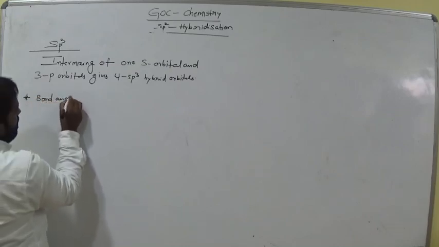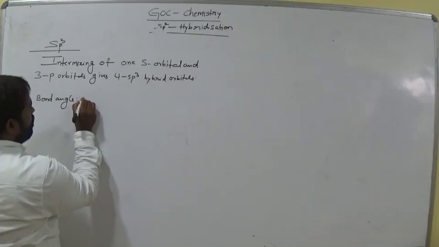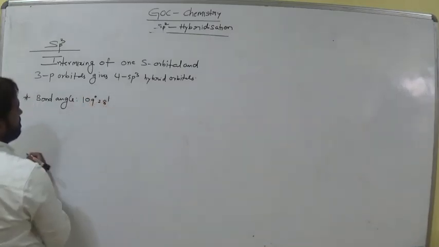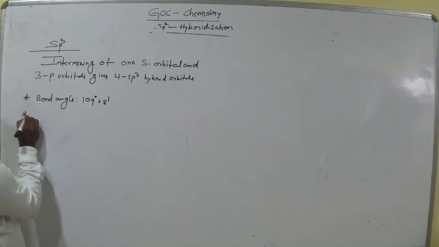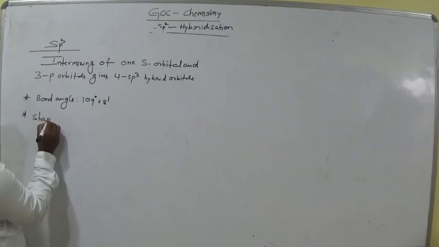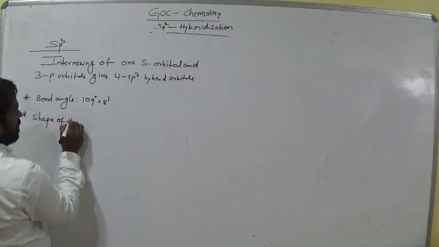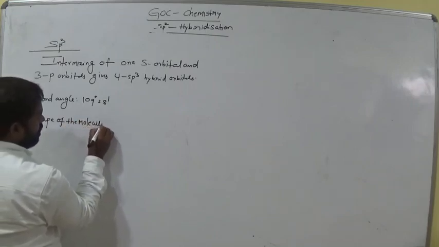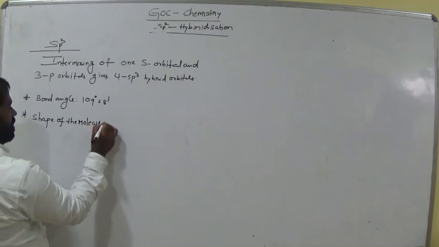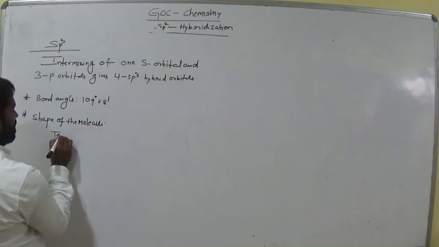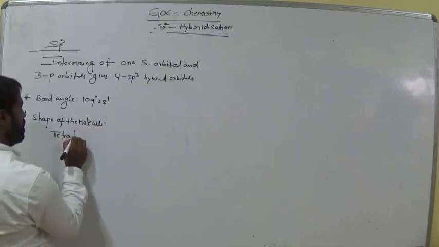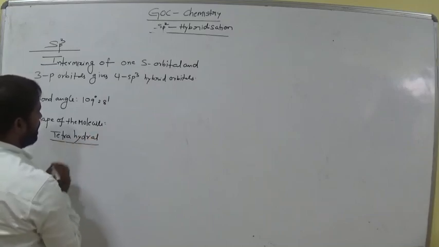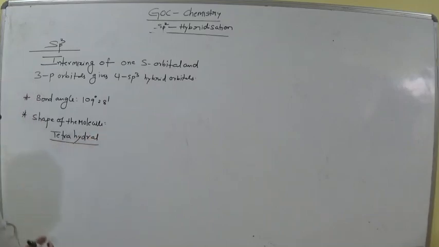Bond angle is 109 degrees 28 minutes and the shape of the molecule is tetrahedral. Tetrahedral shape, okay.